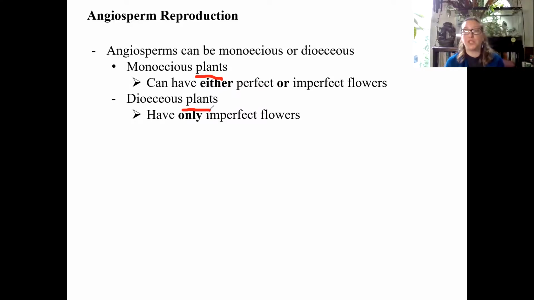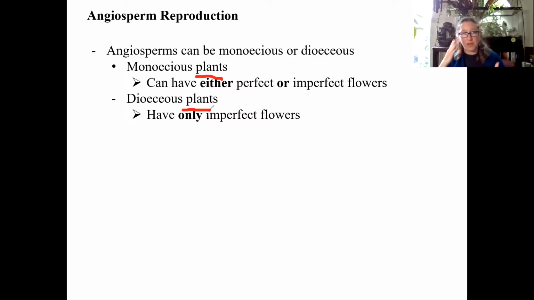So if you're a monoecious plant, on your plant body, you'll have either perfect or imperfect flowers, but both types. If you're a dioecious plant, you can only have imperfect flowers, period. Because an imperfect flower, go back to those slides that give you the definitions of that, is missing one of the sex organs, right?